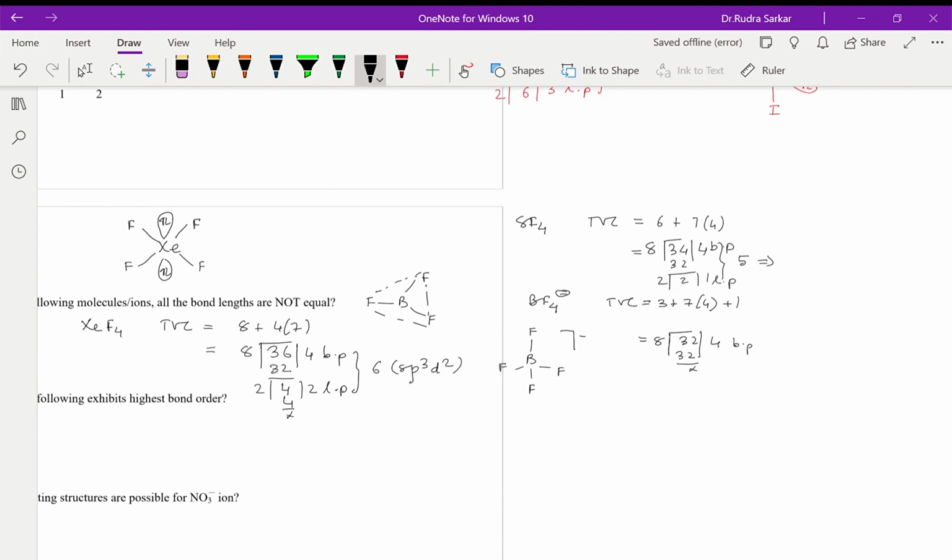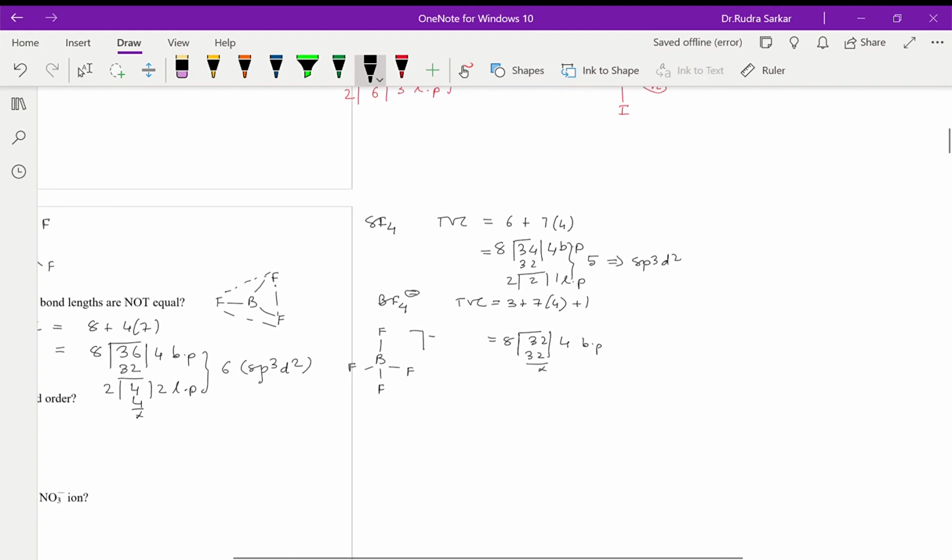So this means basically sp3d. Again, we use Bent's rule, which states that lone pairs should occupy the equatorial positions and the most electronegative atoms should occupy the axial positions. So this is the equatorial plane in which we have the lone pair and fluorines. 2 fluorines go over here and the rest 2 fluorines go over here.